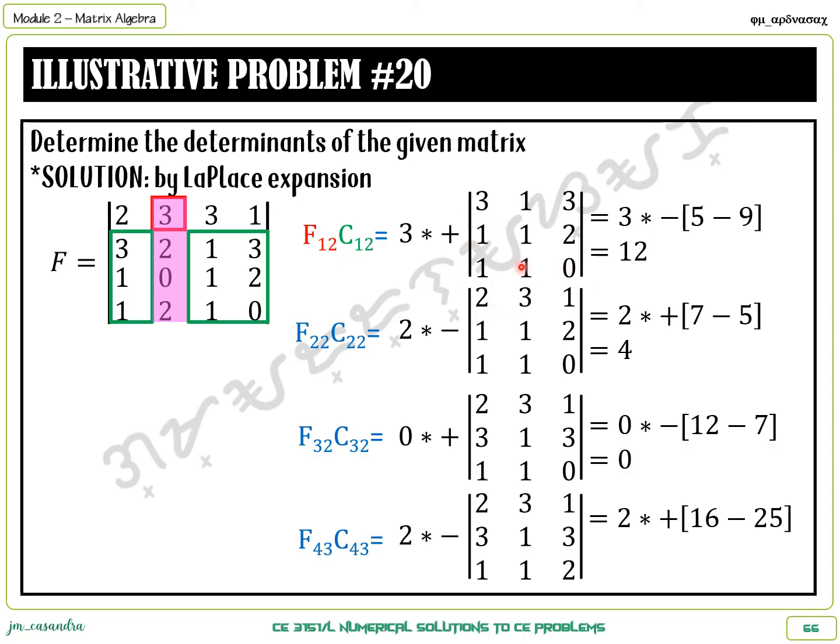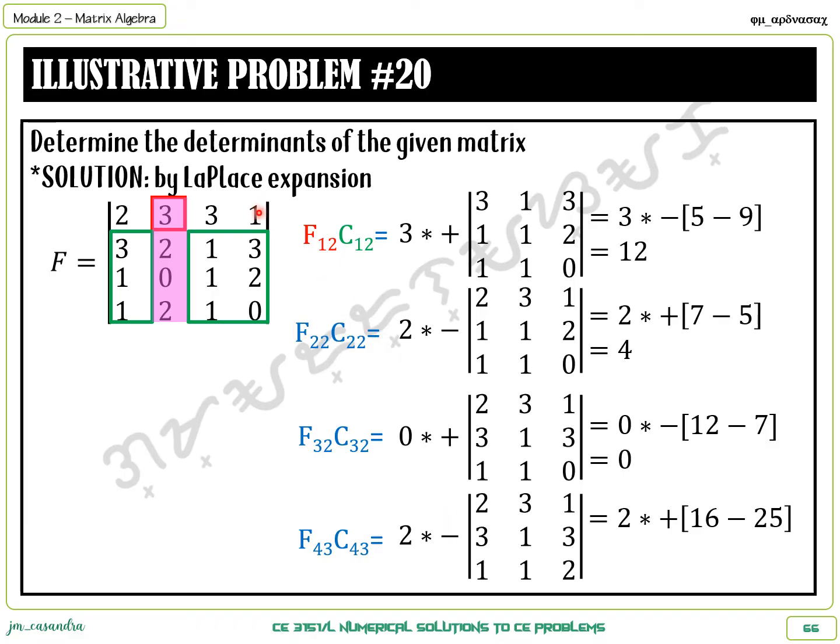So you know how to get its equivalent minor matrix. Okay, the method. So for your cofactor, don't forget your sign convention. So for C12, if A11 is always positive, then A12 is negative. So this is negative, positive, negative, positive. Okay?